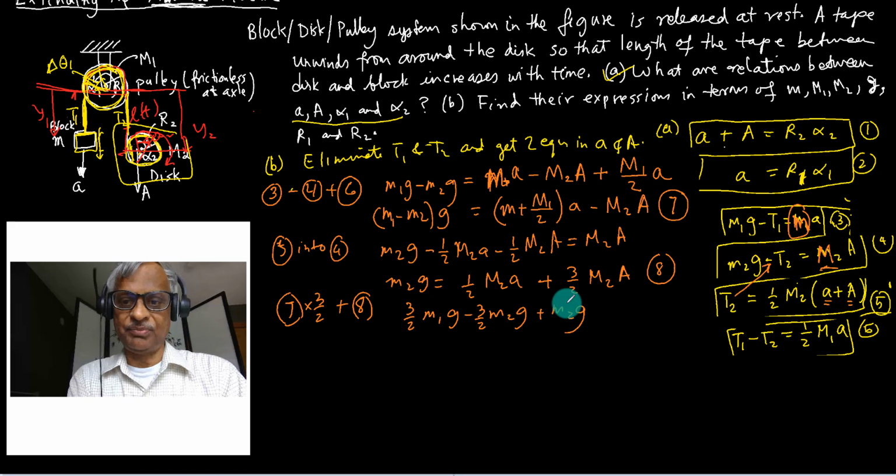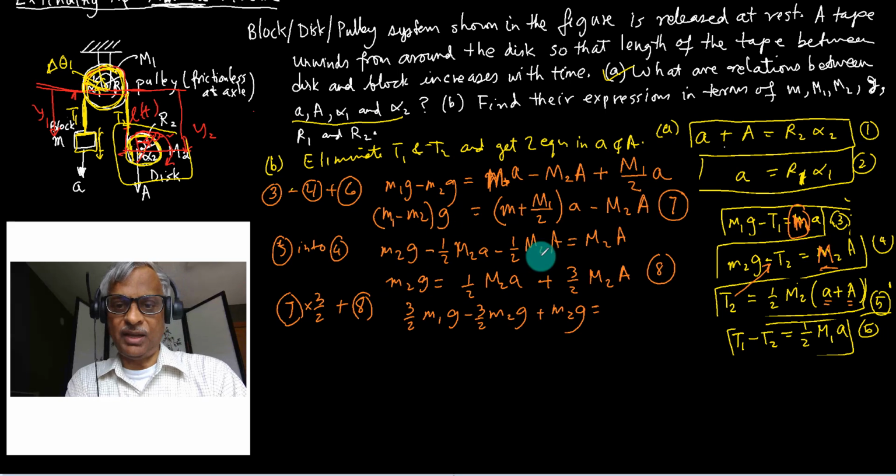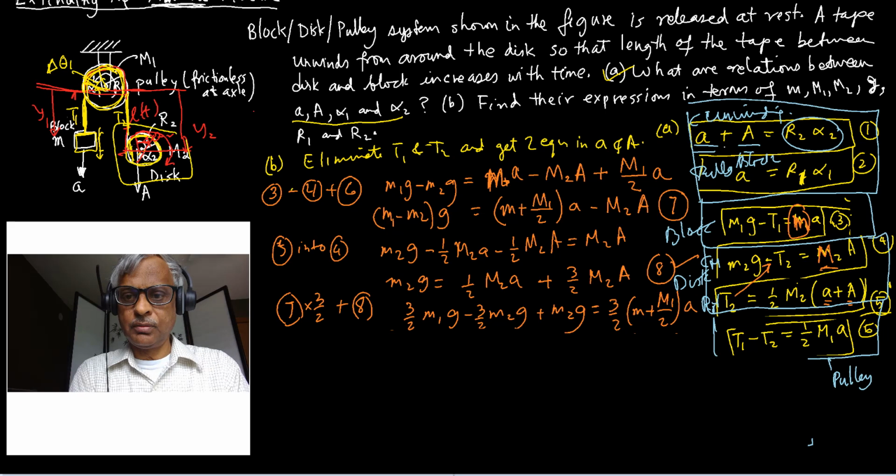On the right side I got 3 half m plus M1 over 2 a, plus, from the 8 just add it, so this is half M2A.